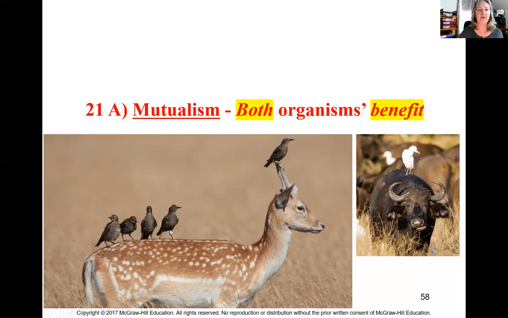And so if they get a food source, a lot of times if this animal's bent down grazing, it may not be alerted visually to a predator. And so sometimes the birds can, by alerting them because they fly away, that would alert them that something may be around. But they're at an advantage too because these birds are eating the bugs off of them, and then the birds are benefiting because they're getting milk.